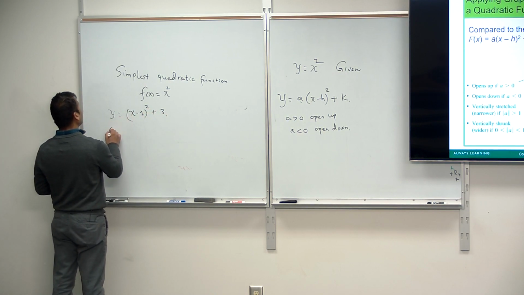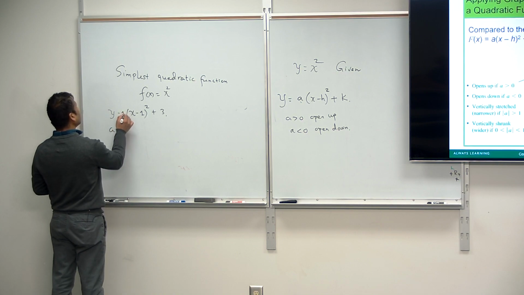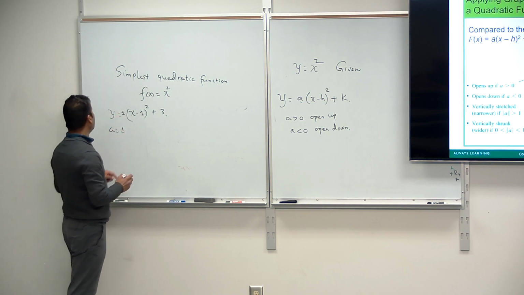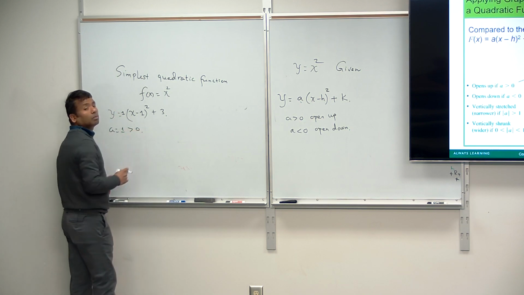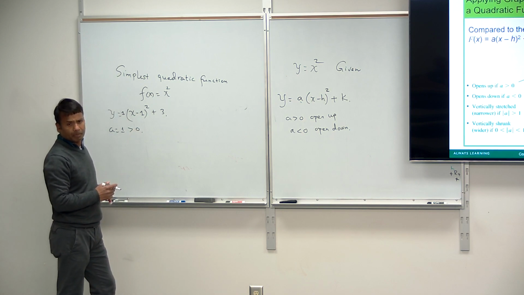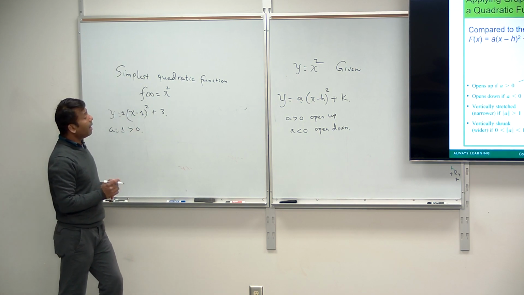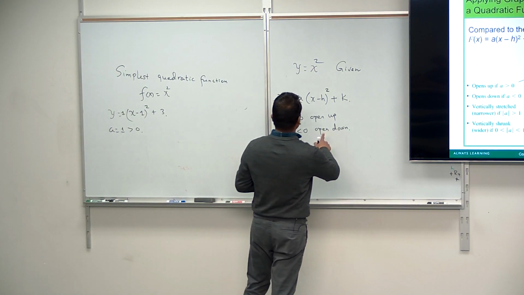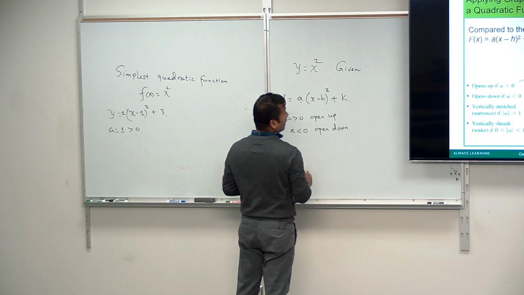So what is the value of a here? 1. So the graph of this parabola will open up, because a is equal to 1. This is what? Positive. Okay? And then this opens down if a is negative.